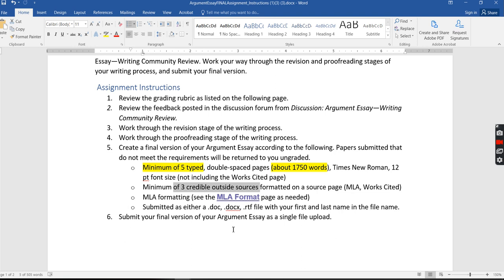Remember, this college is part of the University System of Georgia. So the expectation of all University System of Georgia colleges is that everyone in 1101 knows how to write an MLA formatted research paper that has documentation.